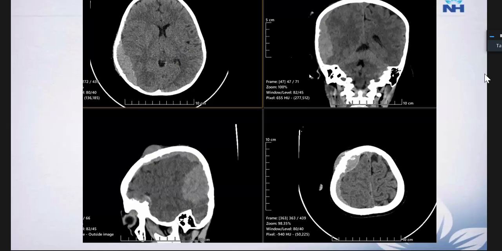A few have said this looks more like a battered baby, a few have said this is metastasis, and a few have said this could be hemorrhage. Okay, when you look at the X-ray, there was only a one-time history of fall.